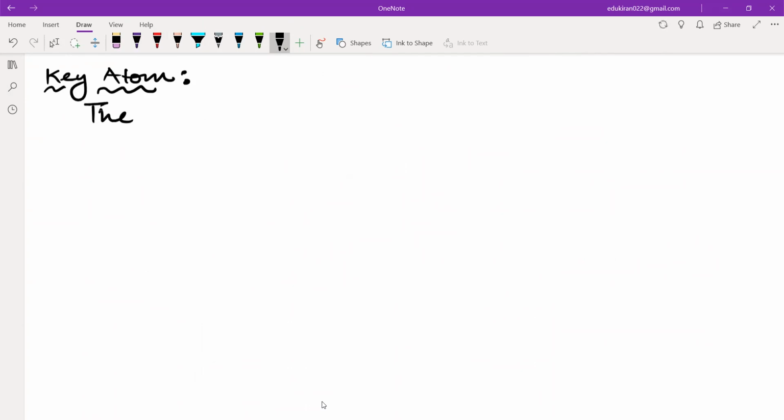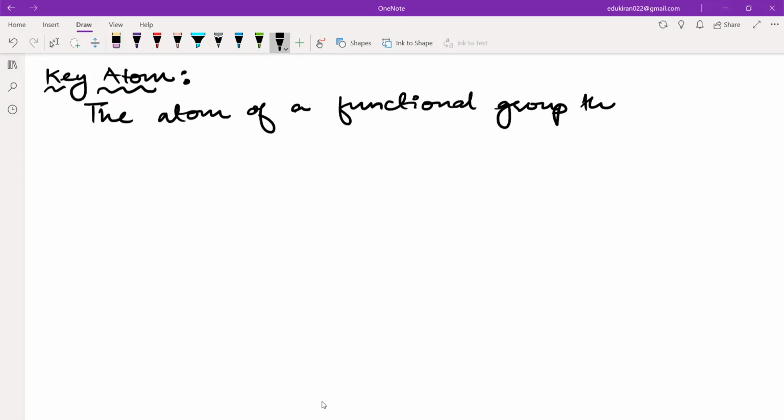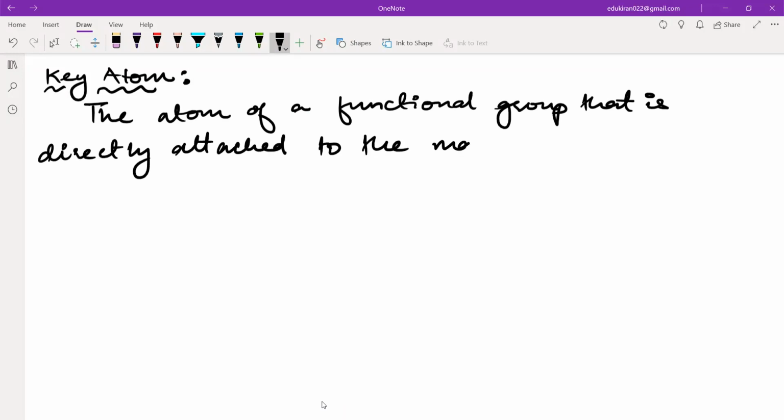The atom of a functional group that is directly attached to the main chain. Okay, what is key atom? The atom of a functional group that is directly attached to the main chain.